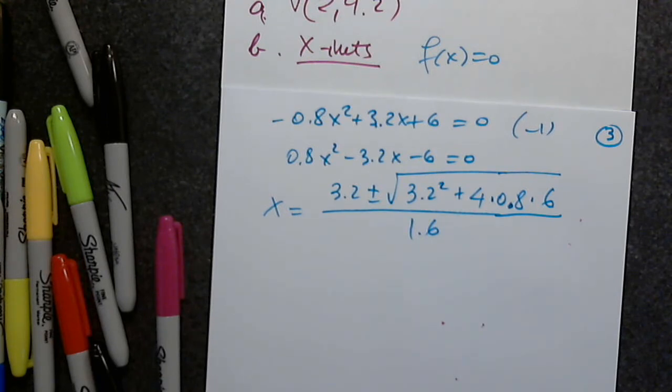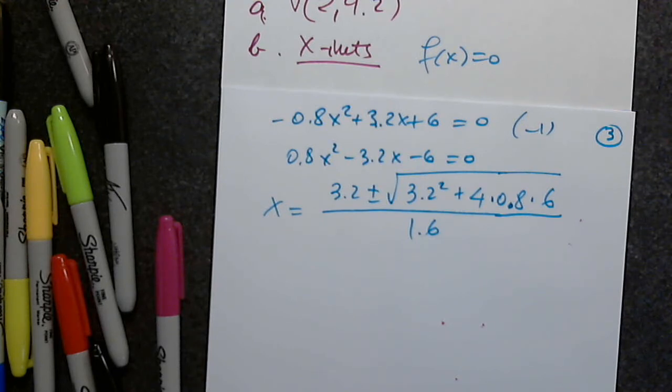So I'll go back to the graphing calculator and punch them in. I will put parentheses around the top and parentheses under the square root. So let's go back to y equals. So parentheses. And I have 3.2 plus the square root.